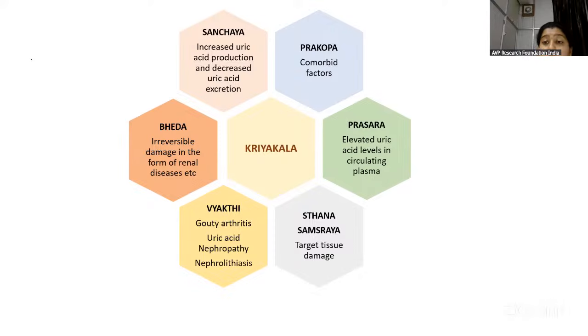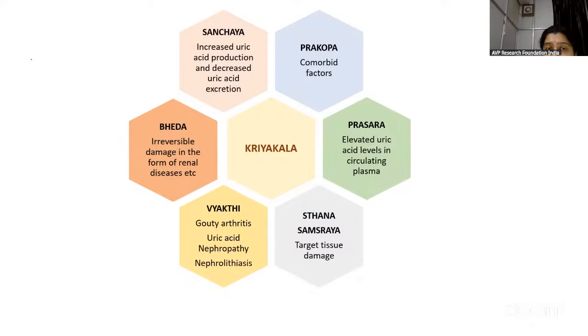Prakopa are those factors which will aggravate the condition. Prasara may be correlated with elevated uric acid levels circulating in your plasma. Sthana Samshraya means it leads to target tissue damage, that is, particular tissue or joint damage. Vyakti means the disease gets manifested, that is, gouty arthritis. And Bheda means it leads to a stage of complications like tophaceous gout.